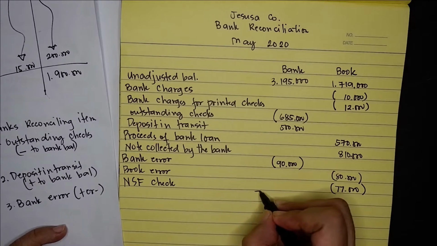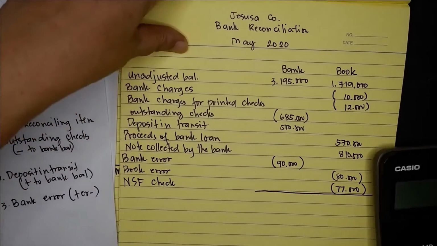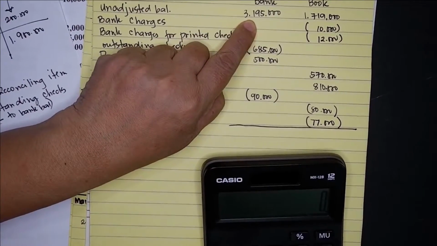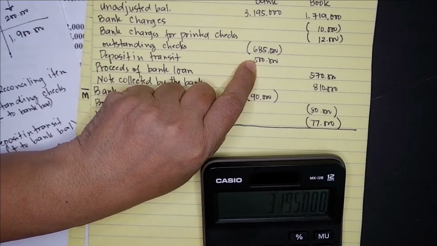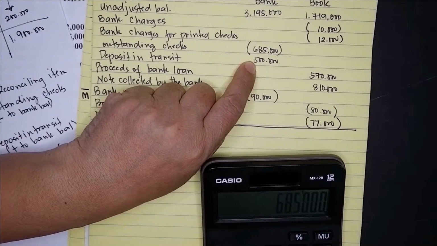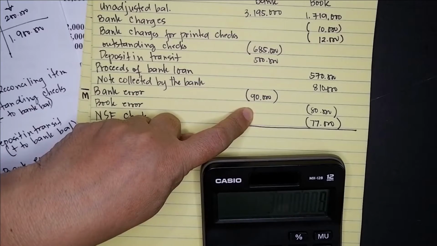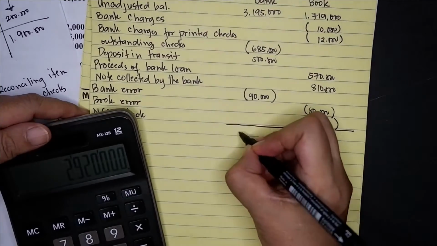So let us now have our balance. Let us get the balance. We have 3,195,000 minus 685 plus 500 minus 90. That is 2,920,000.